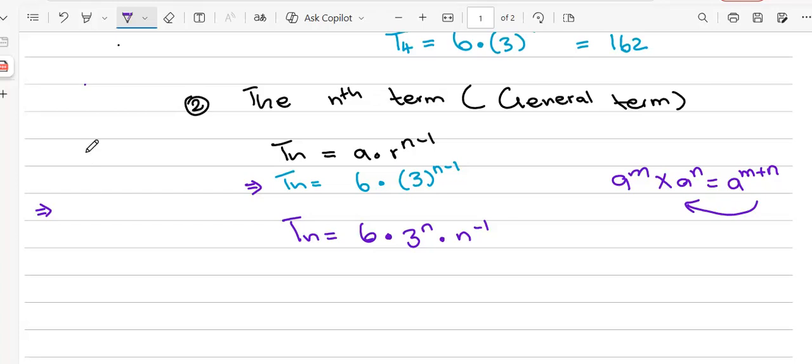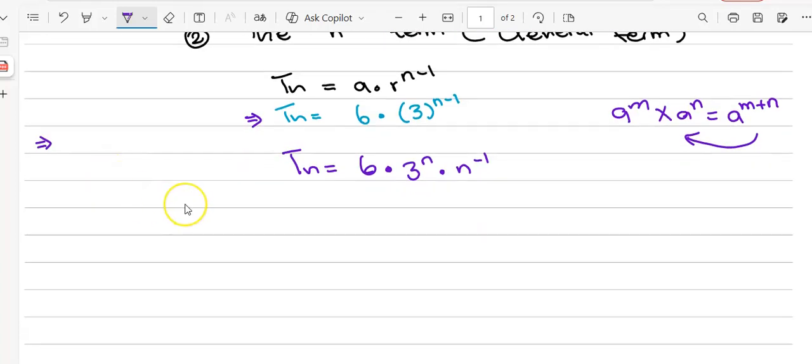Now I can break this 6 down into the prime factors 2 multiplied by 3. Why are we doing that? Because we need to have the same base. Can you see that we now have the same base 3? Now that the bases are the same, we add the exponents.